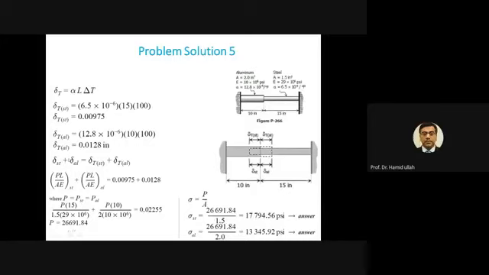because of load, because of reaction, equal to the elongation because of thermal effect in steel plus the elongation because of thermal effect in aluminium.